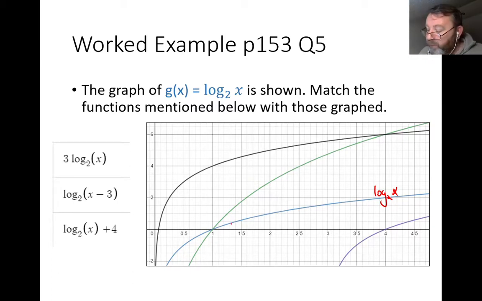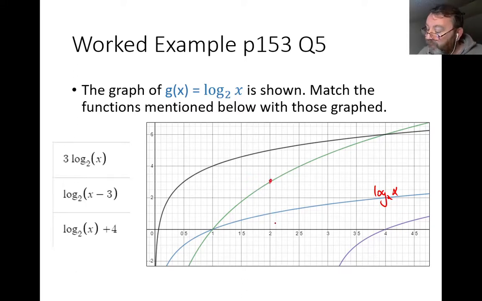So if you take the blue line here as being the original log to the base 2 of x, okay? Just take a value along that line that's easy to read. Let's take this one here. See that value? Okay, that's above 2, and it has a value of 1. So that's an easy value to read. Now, if I multiply that by 3, it's going to shoot up to 3, which is there. All right, straight away it's on the green line. But let's just verify that and see.